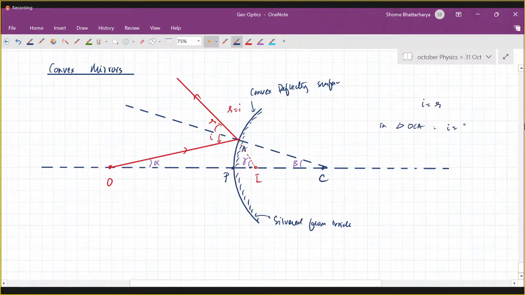And in triangle CIA, gamma is equal to r plus beta.